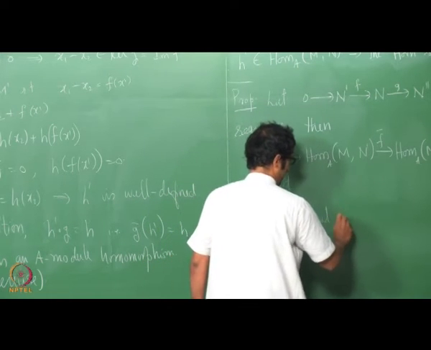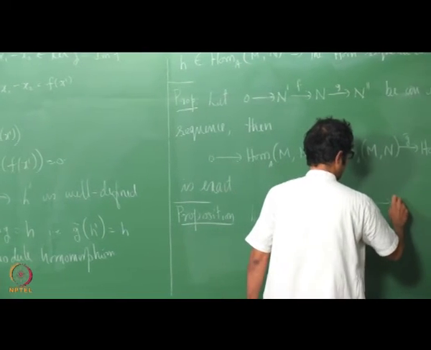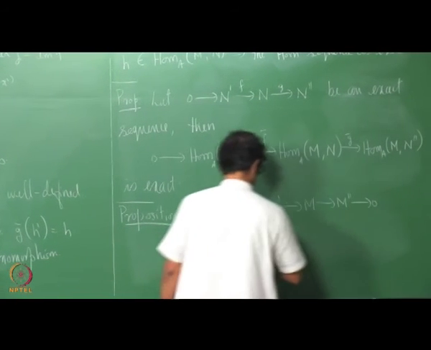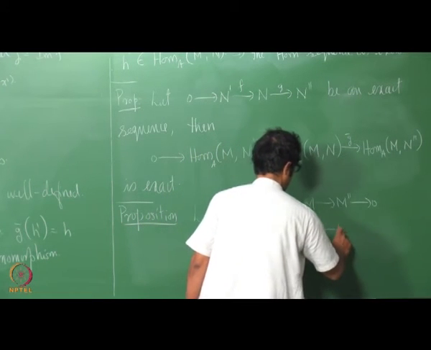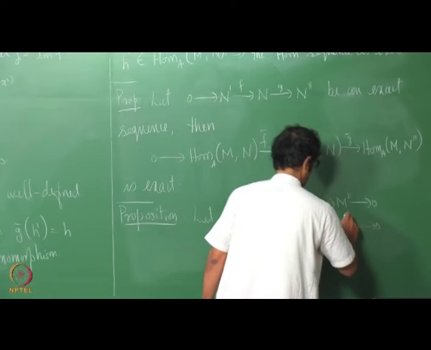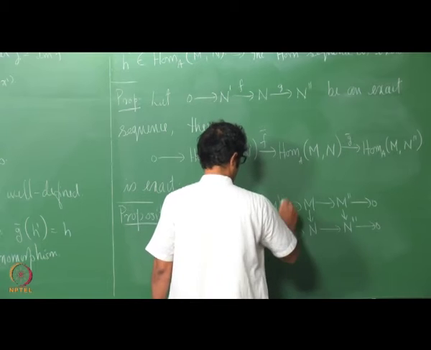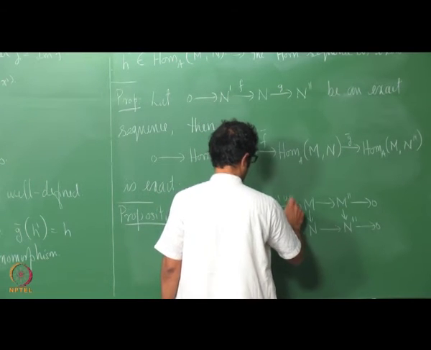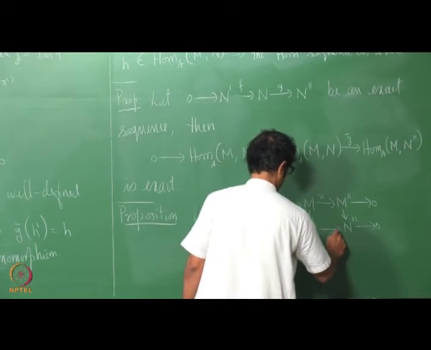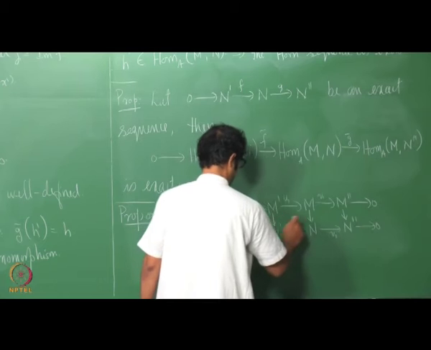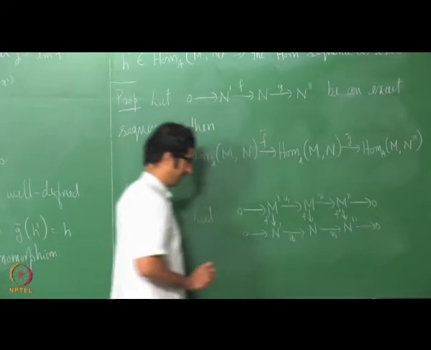Let 0 to M prime to M to M double prime to 0, and N prime to N to N double prime to 0. So, I have these maps u1, v1, u2, v2, f prime, f, f double prime.